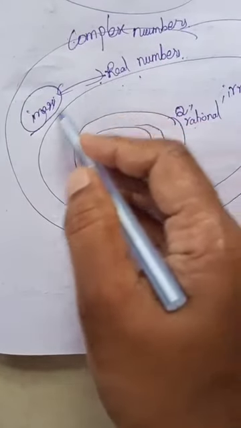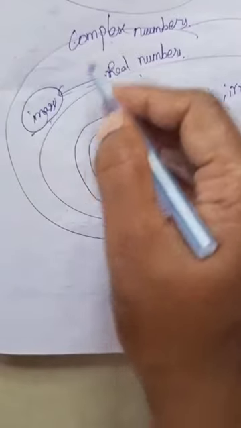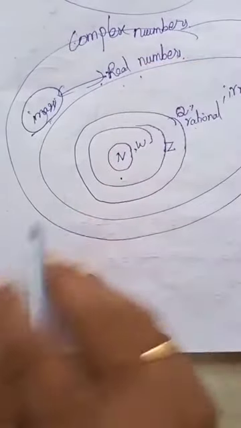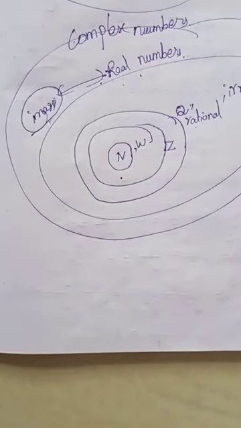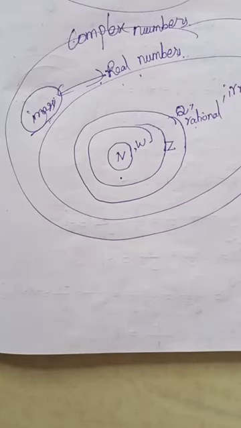Now real numbers and this imaginary unit, everything together, we will get as complex numbers. That is the biggest set. Okay. So regarding their properties, addition, subtraction, multiplication, everything we will be learning in the coming exercises.